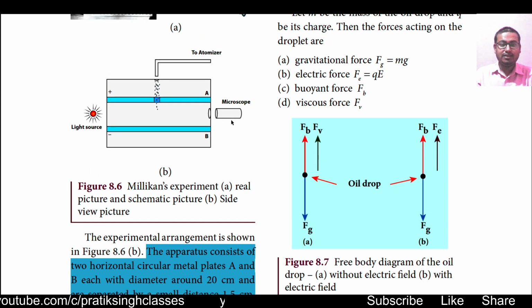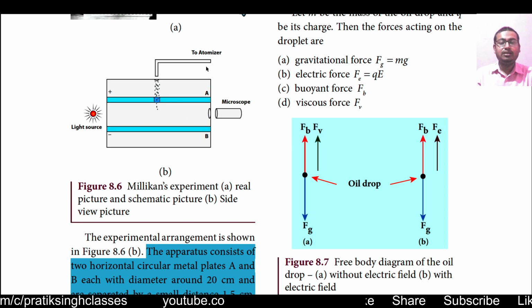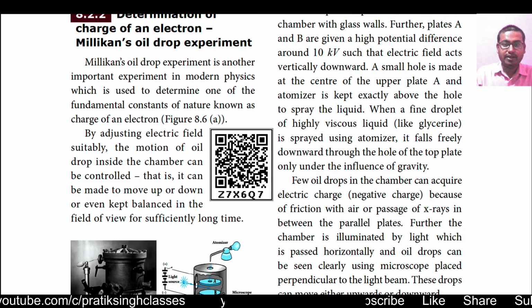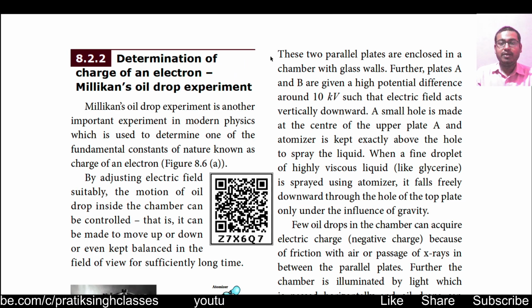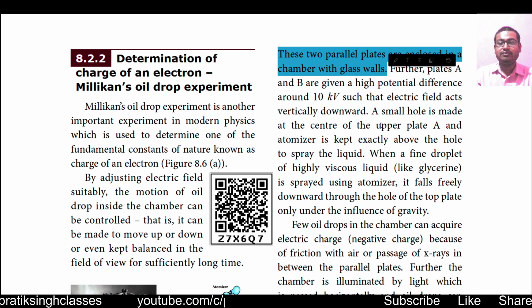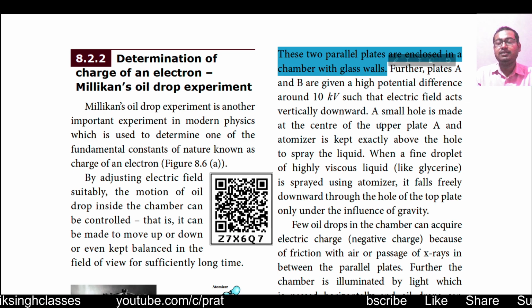As you can see here, a microscope is attached in between A and B, so that when the oil drop comes through the atomizer and falls down, the microscope can capture its movement. These two parallel plates are enclosed in a chamber with glass walls so that we can see from outside.